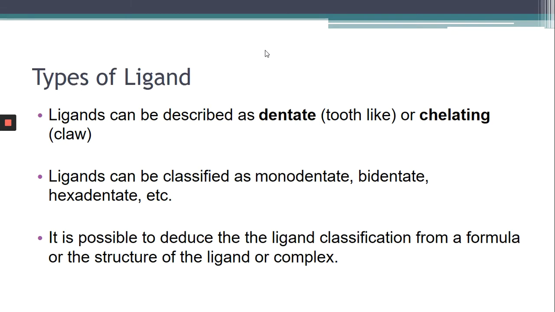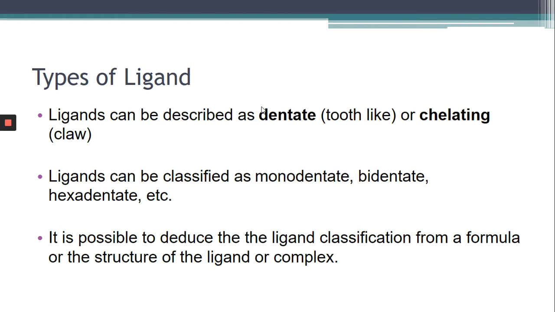So our ligands can be described or classed as dentate. Okay, tooth-like. Think of it as if they're biting into the transition metal. They used to use the term chelating, as in a claw rather than teeth biting, but we're concentrating on dentate, especially as when you name them, you need to put the term dentate into the actual word you're using.